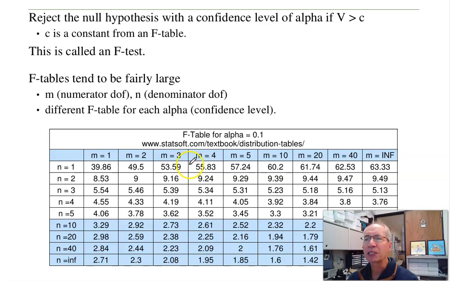So suppose I have a sample size of 5, meaning 4 degrees of freedom in the numerator, and 6, meaning 5 degrees of freedom in the denominator. I'll look for this number. If the ratio of the variances is more than 3.52, I can conclude that the variances are different with a probability of 0.9. That's an F table.